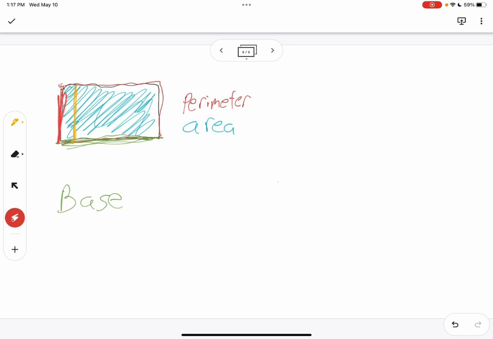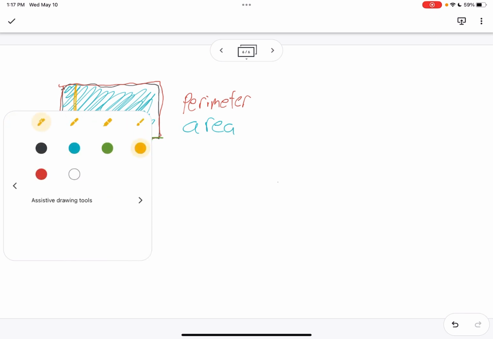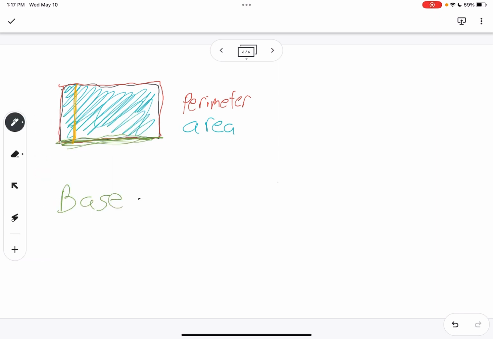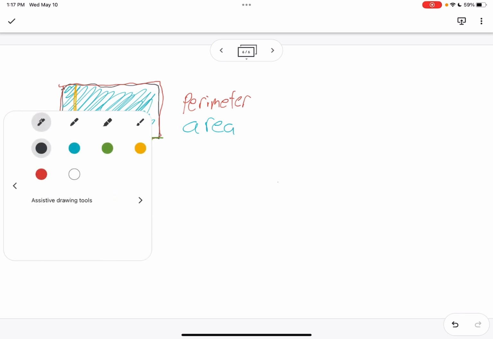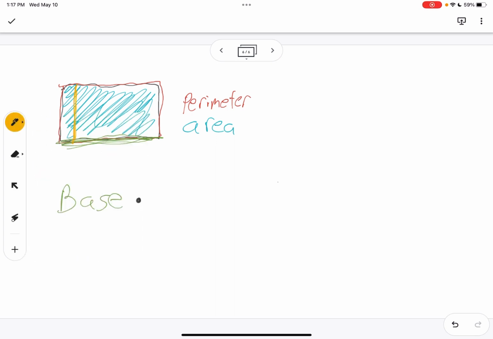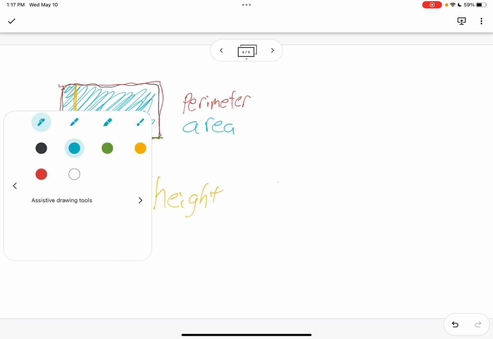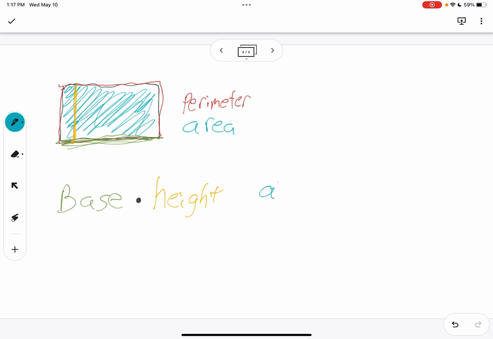This happens to be just as long as the height, but let's say that it was out like that, then you wouldn't use the length of this wall, you'd just use the height, if it gives it to you. So base times or multiplied by height equals area.